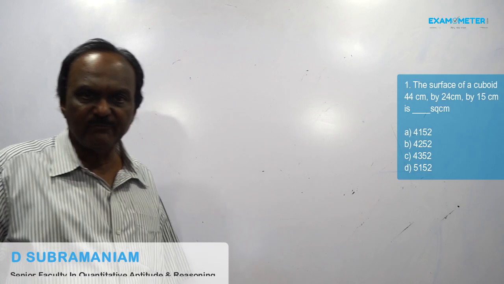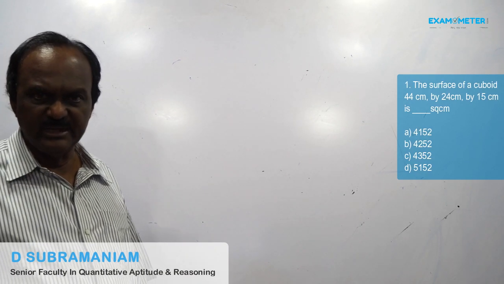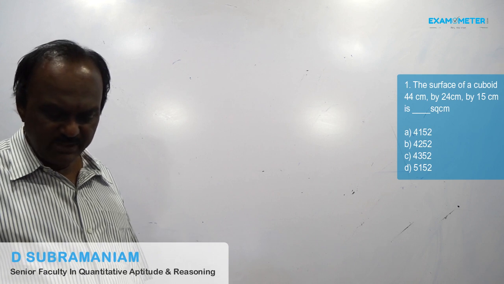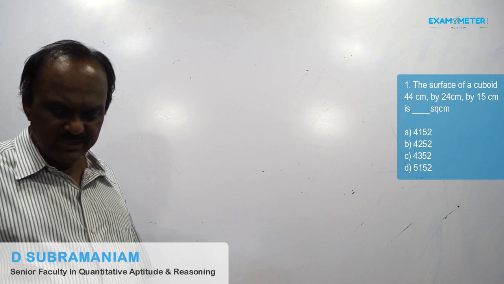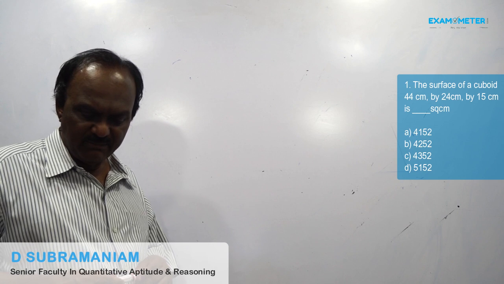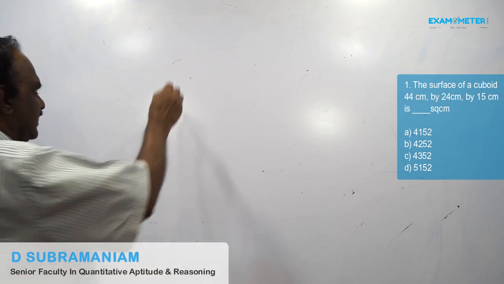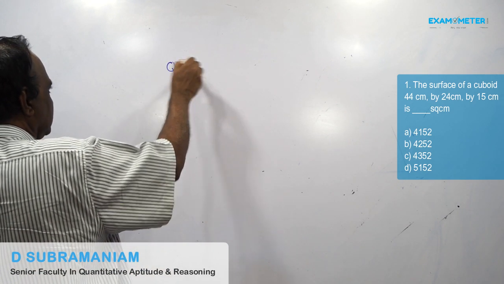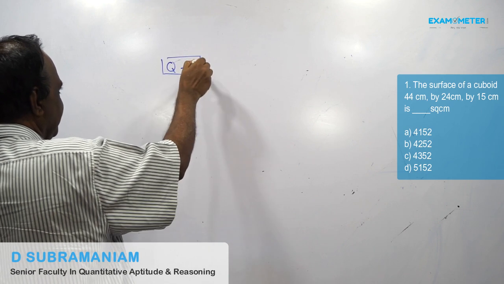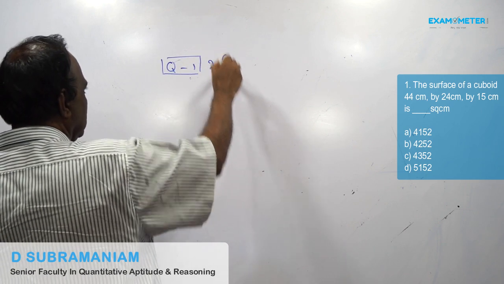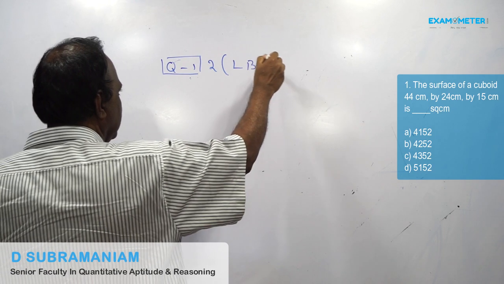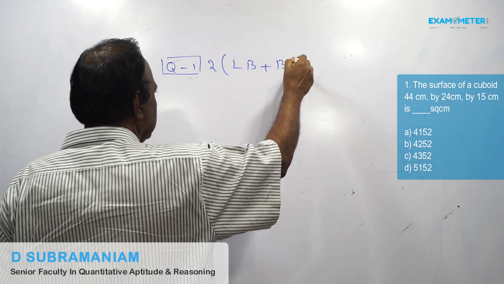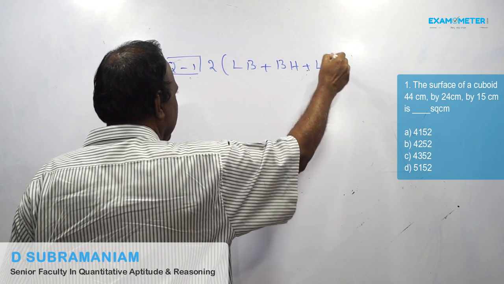The surface area of a cuboid 44 centimeter by 24 centimeter by 15 centimeter is how many square centimeters? Surface area of a cuboid is 2 into (LB plus BH plus LH).